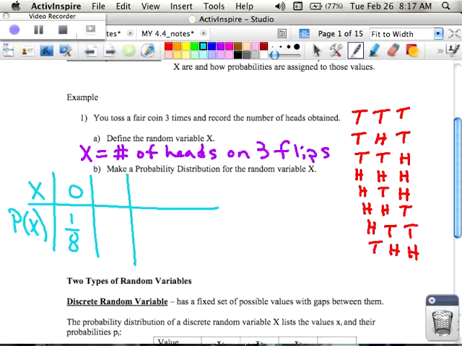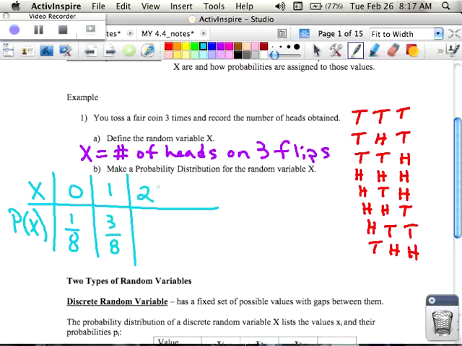And I also could get 1 head out of my 3 flips. And that occurs 3 times? Yeah. Where's the third one? 1, 2, 3. Okay, got it. Sorry. So 3 out of 8.